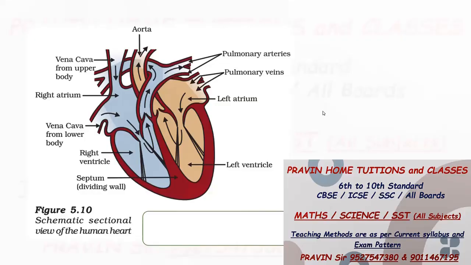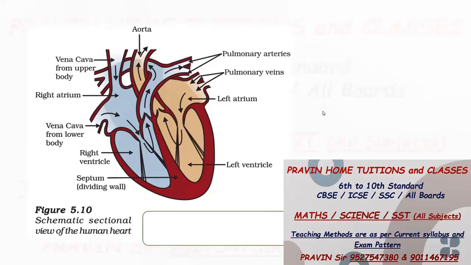The deoxygenated blood from the body comes to the right atrium. The right atrium contracts, and the deoxygenated blood is transferred to the right ventricle. After this, deoxygenated blood is pumped to the lungs for the oxygenation process.